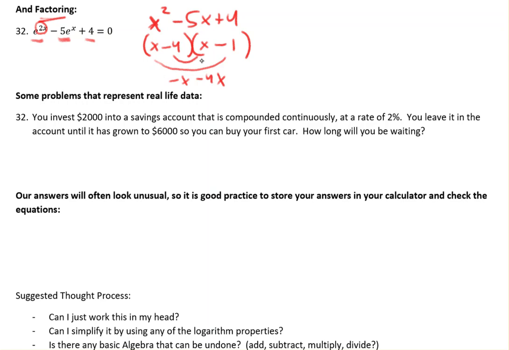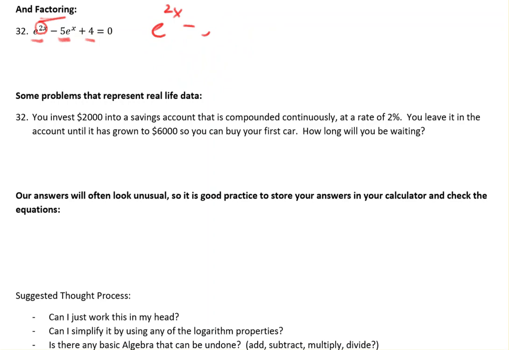Well, if you can do that factoring, then you can do this factoring. I know it looks a little bit harder, but it's really set up the same way. So let me erase this to give myself a little more space. e to the x plus 4. Okay, so I'm going to try to solve this with factoring. e to the x times e to the x gives me e to the 2x.